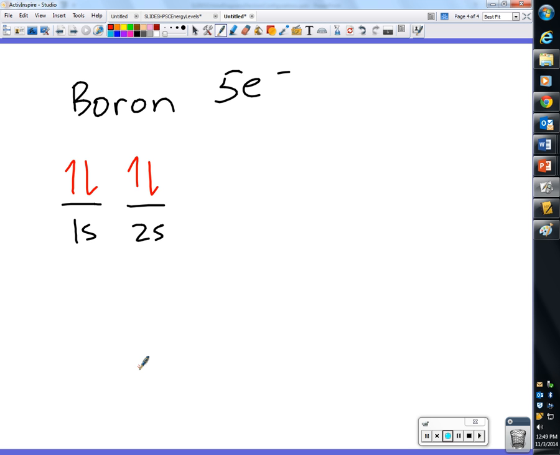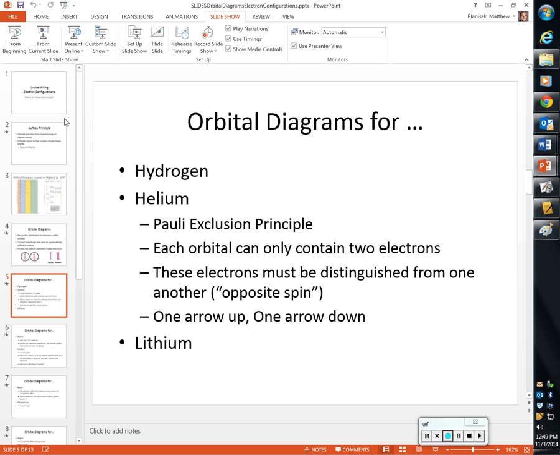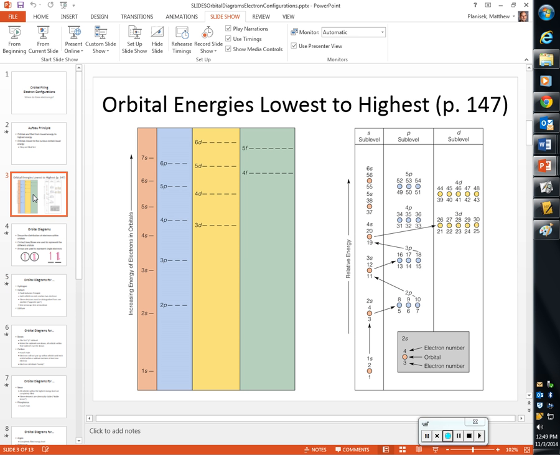Now you go to your drawing, what's the next set of orbitals that we come across? 2p. All right? So let's go here, here, and here. Now, 2p is the next one up from the bottom, meaning that it has the next lowest energy after 2s.